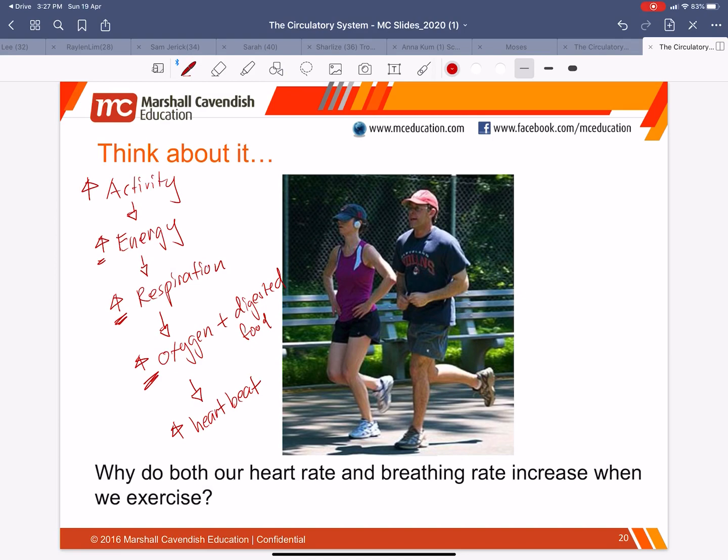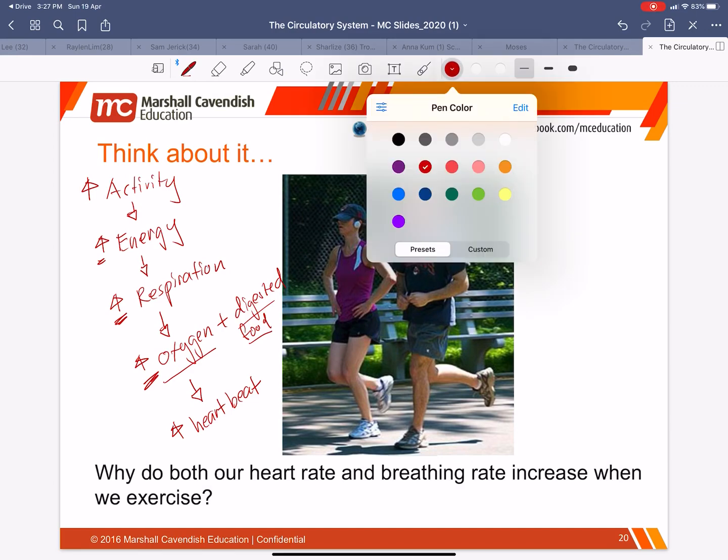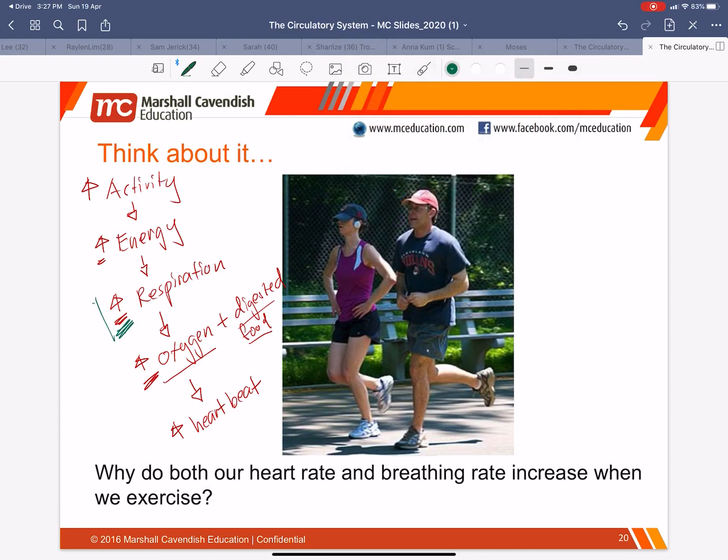Okay, so when your heart, why is that so? Because when your heart beats at a faster rate, you're actually pumping blood faster around your body so that more oxygen and digested food can actually be delivered to your cells, therefore enabling them to carry out a higher rate of respiration, resulting in more energy being released, therefore supporting the increase in demand of energy by this increased intensity of activity.